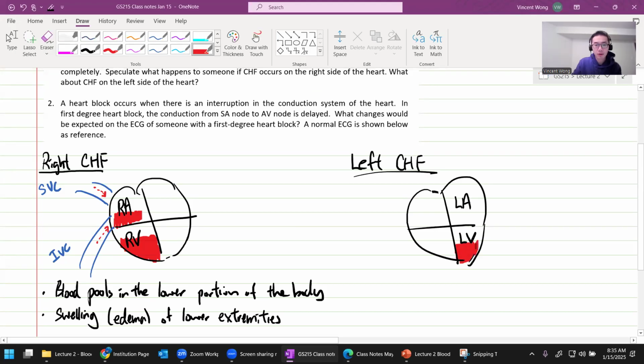Not all of it is gonna be able to go through the aorta. You're gonna have some left over, and so the buildup is going to create, once again, a backlog in the left atrium. And the blood vessels that are supplying the left atrium from both sides, of course, are going to have a hard time emptying as well. So these are pulmonary veins.